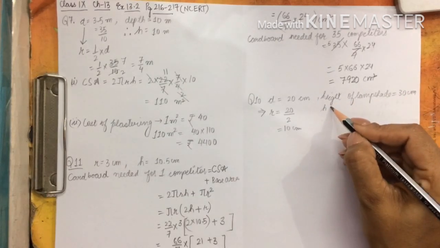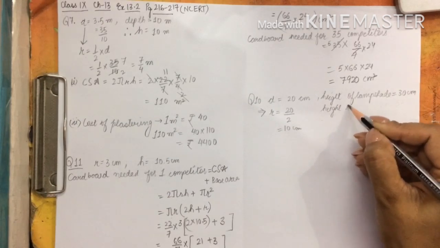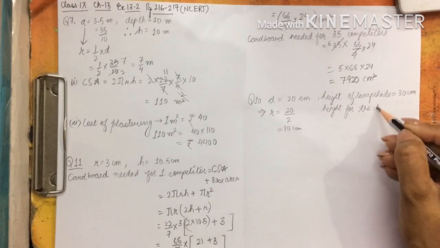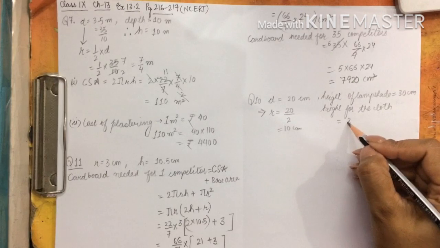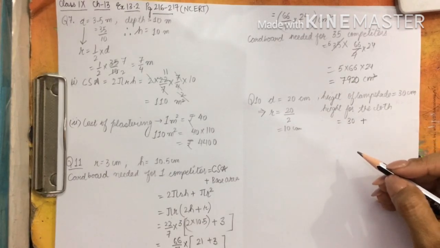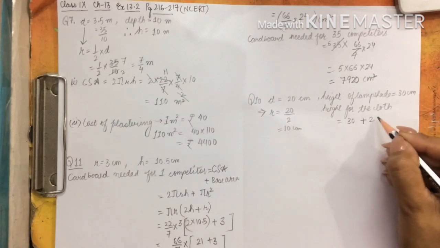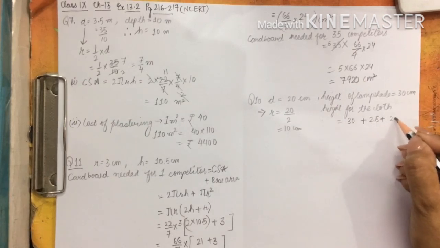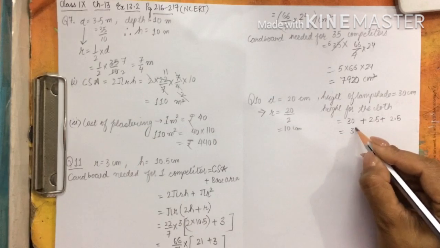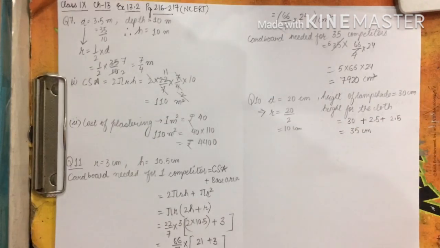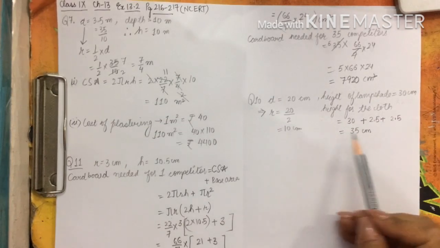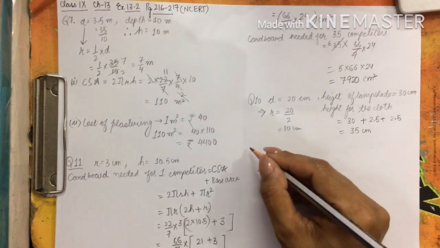The height for the cloth will be given by 30 plus the extra cloth needed on the top and the bottom. So 2.5 for the top, 2.5 for the bottom. So this total becomes 35 centimeters.